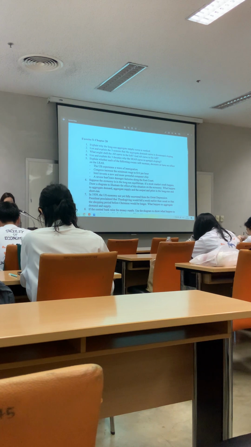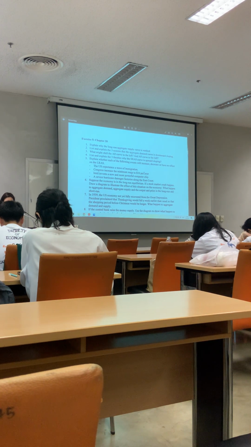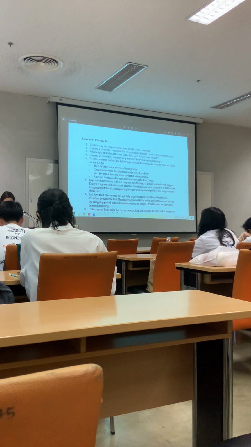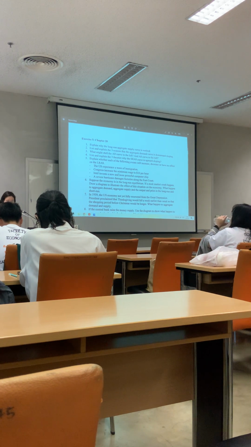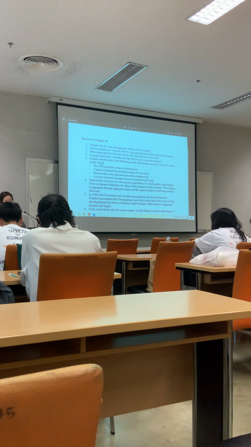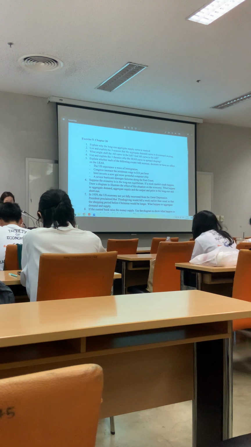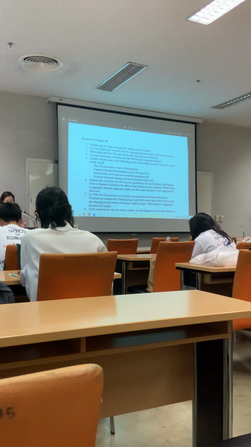Number five, they have some events happen. However, they just let you see that if this situation happens, what changes. But in fact, it's not clear to me whether it will be an LRAS or short run AS.